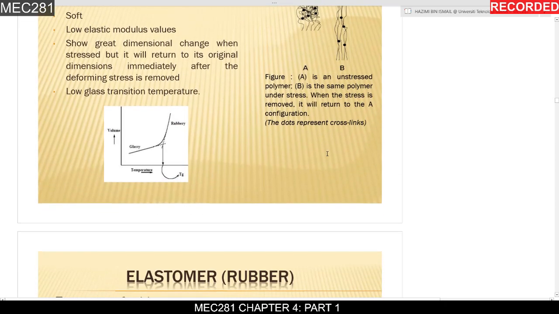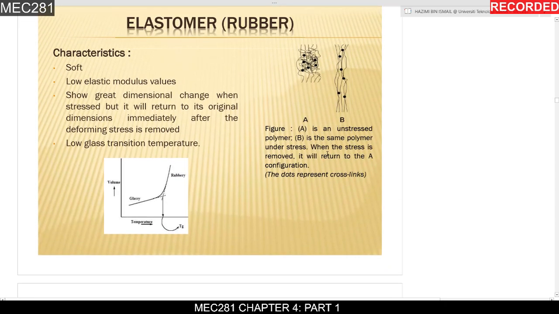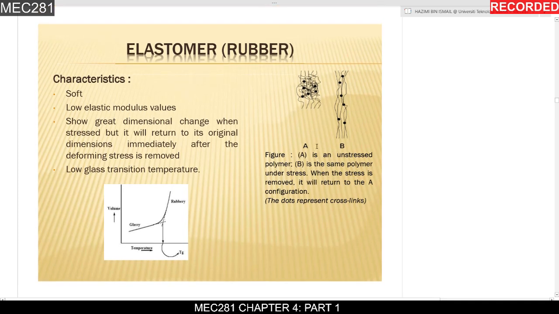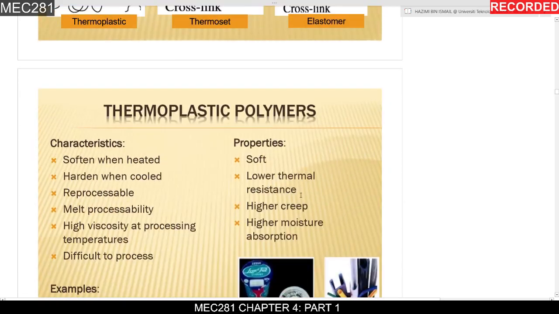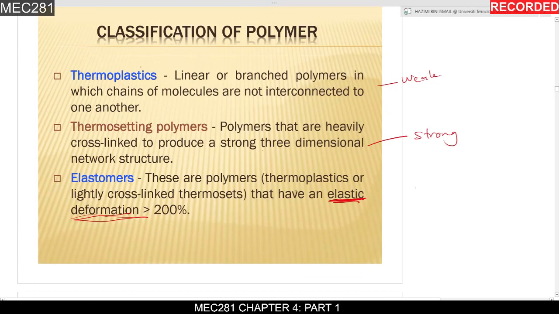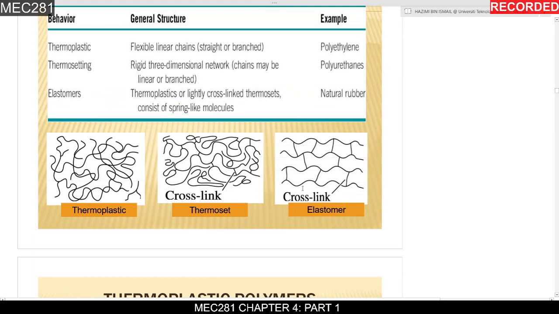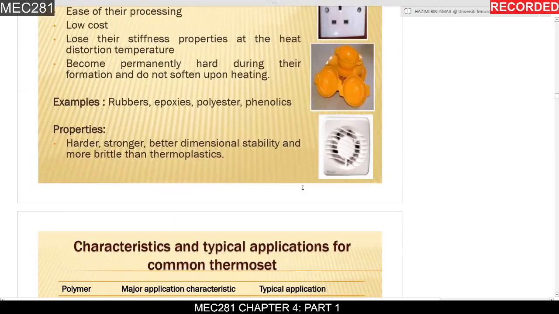So let's look at the elastomer. What I have told you, elastomers is basically the thermoplastic, right? It's just the thermoplastic that has elastic deformation.